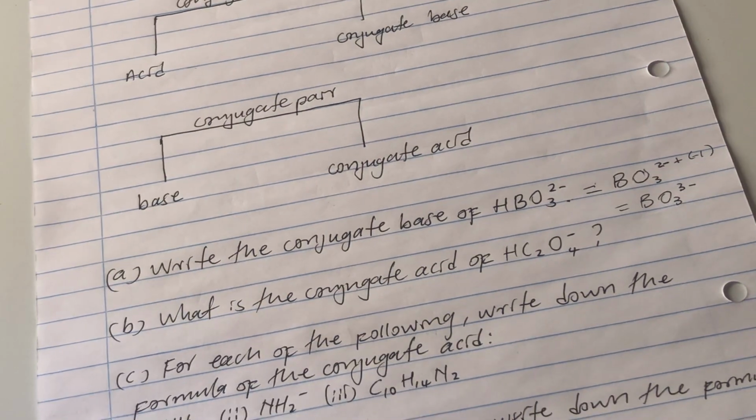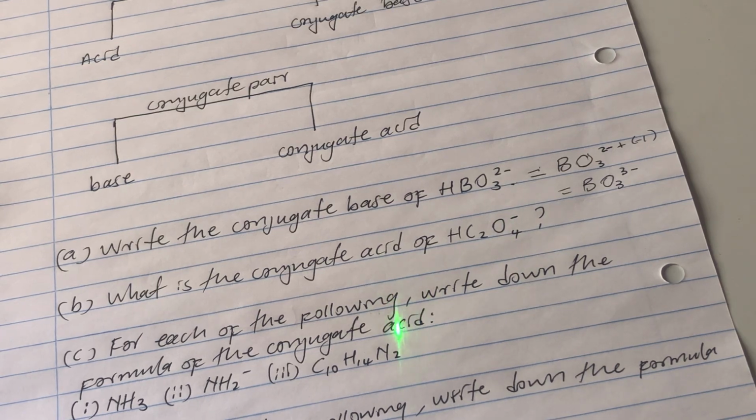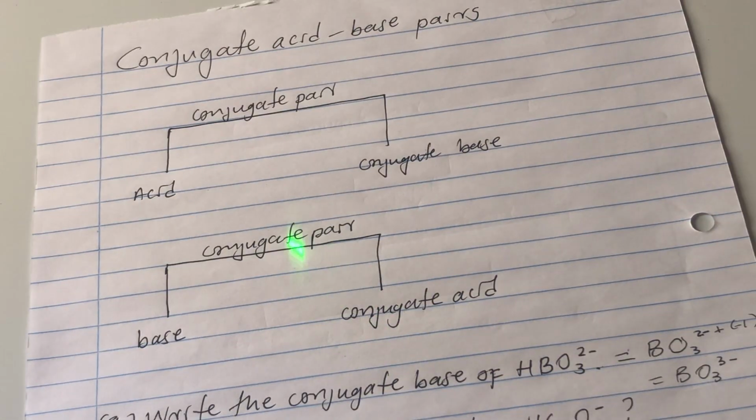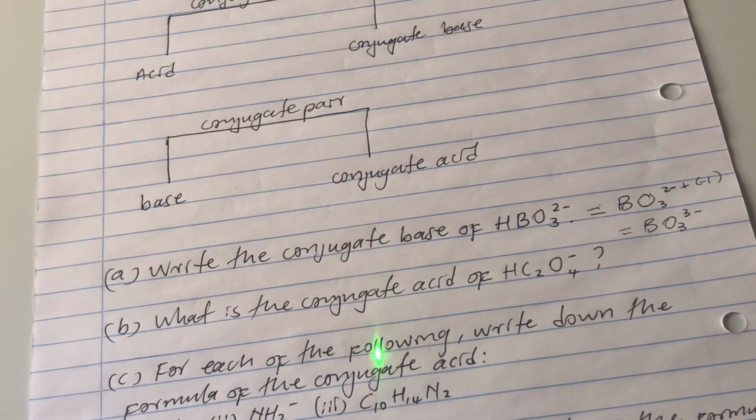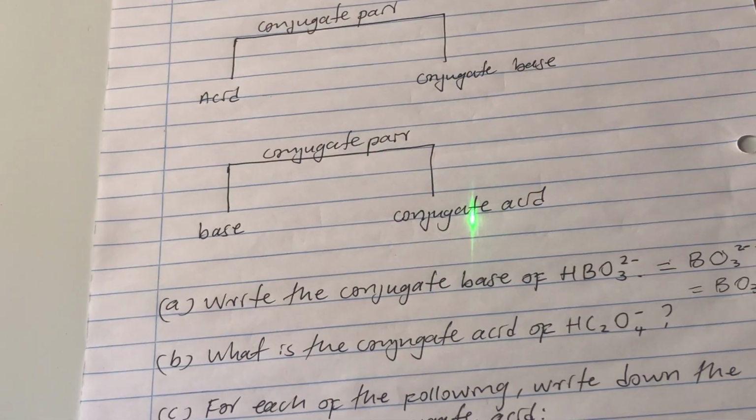Let us look at B. It says, what is the conjugate acid of HC2O4 minus? In this one, we are required to find the conjugate acid.